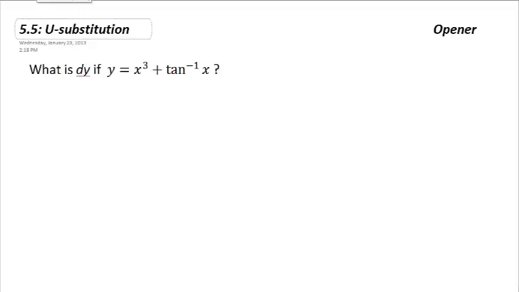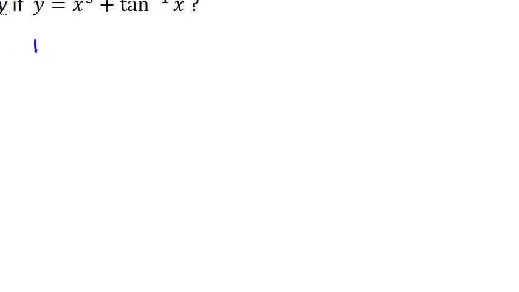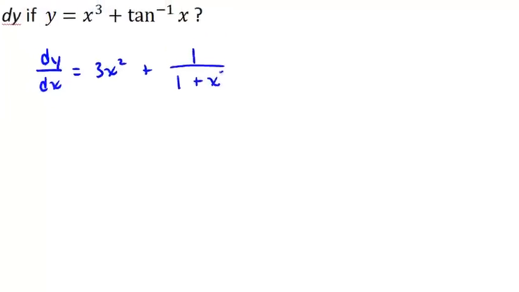So if we take a look at this equation here, y equals x cubed plus the inverse tangent of x, and we want to know what the differential dy is, we can start by simply differentiating both sides. So we'd have dy dx is equal to 3x squared plus 1 over 1 plus x squared.